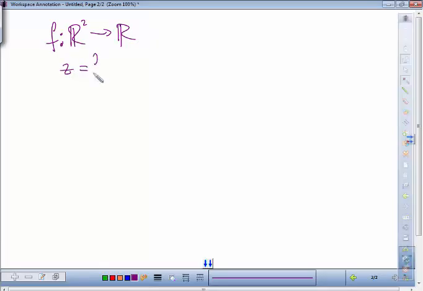Remember, this is usually called z is equal to f of x, y. When we took derivatives before, we said just take the derivative, and it was clear that you had one independent variable and one dependent variable. So now we have a little bit of an issue here, and our issue is that now we have two independent variables.